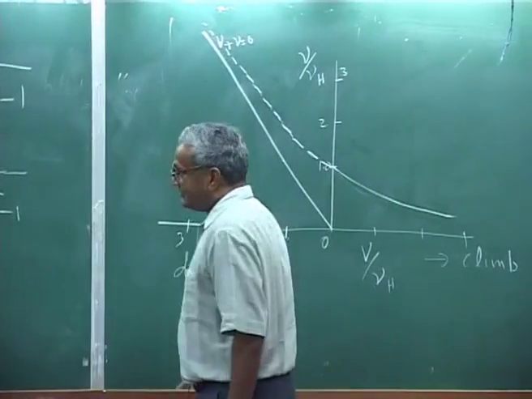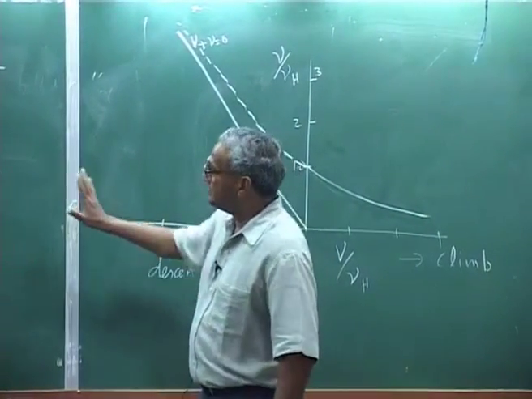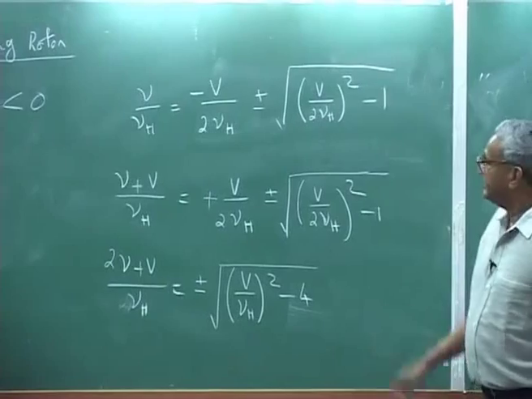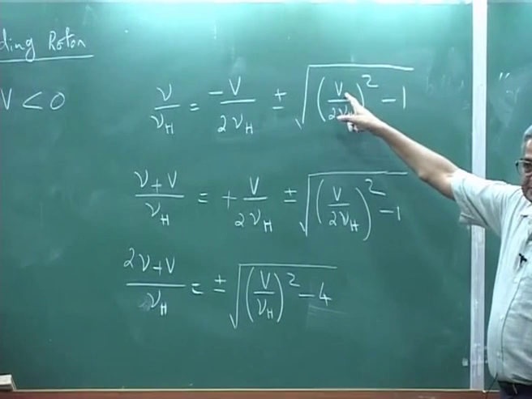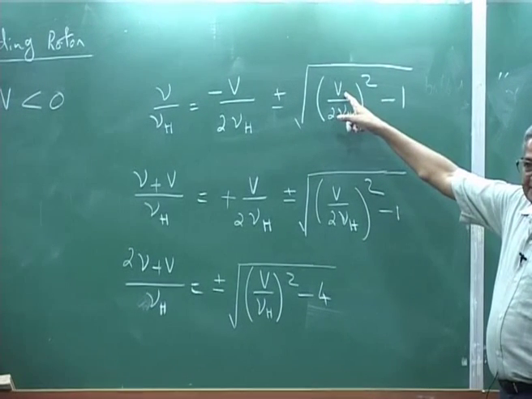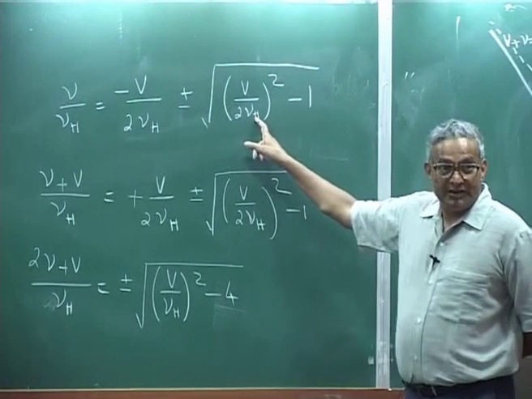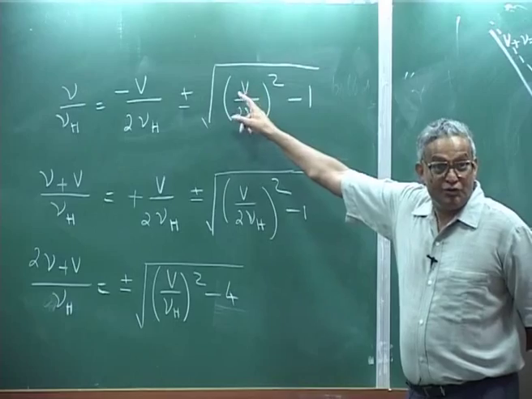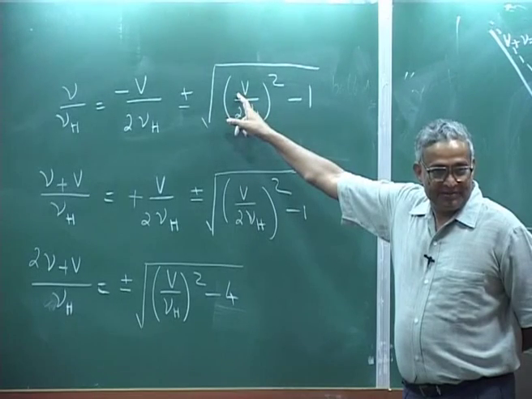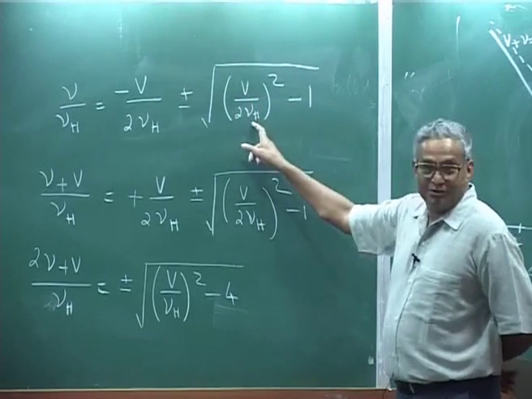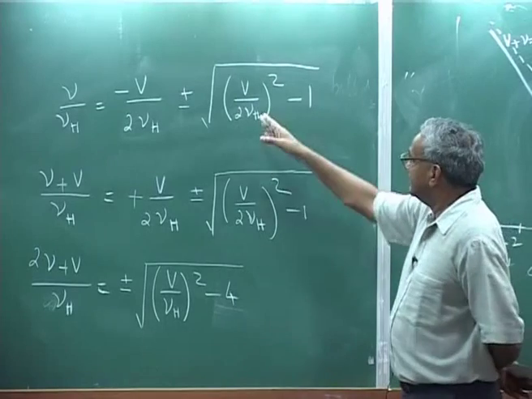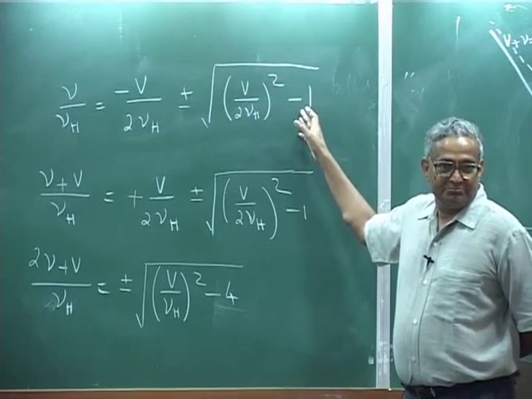Now, let us look at the values. Suppose V is negative, if V is less than 2 nu h, or V by nu h is less than 2, then this is an imaginary number.